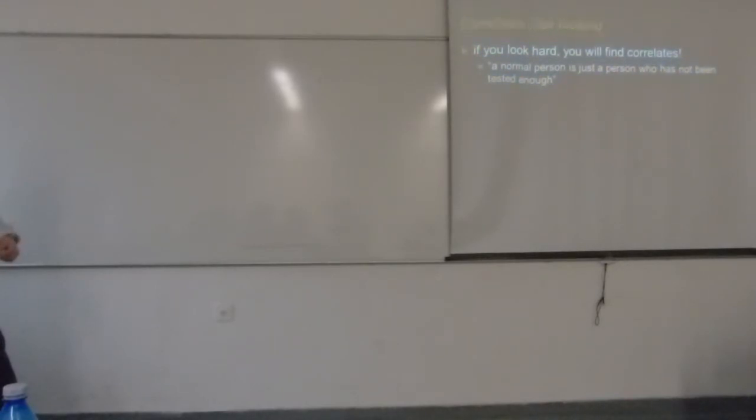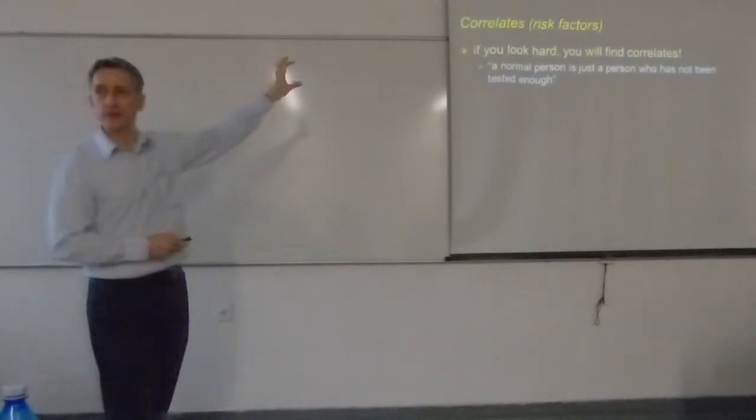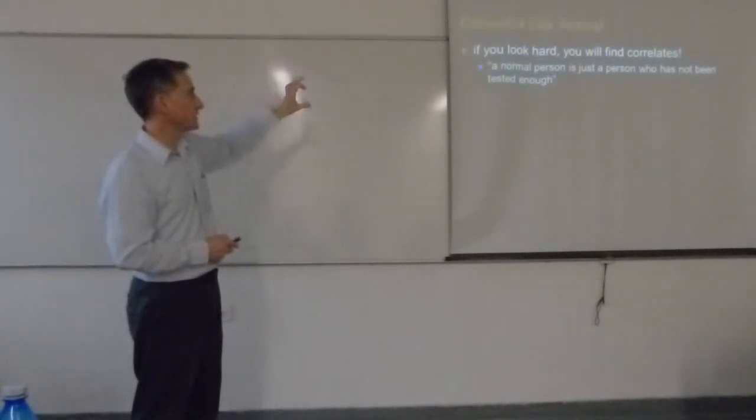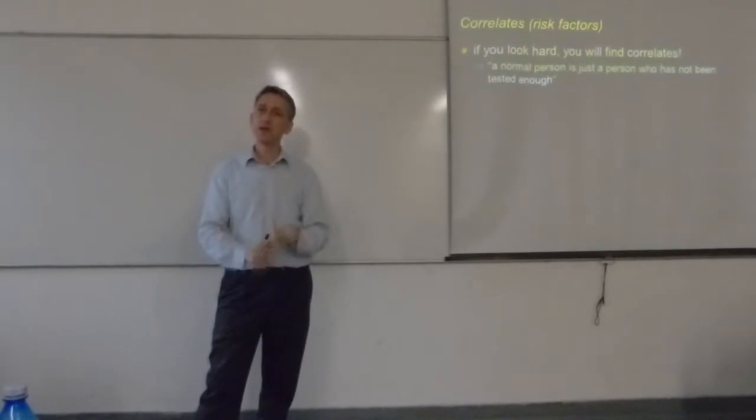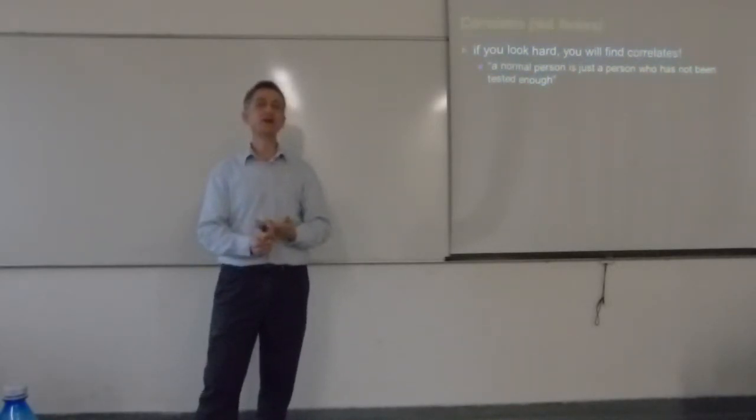People have jokingly said, and this is a joke, but there's some truth in it, like all good jokes, that a normal person is just a person who hasn't been tested enough. If you put them through enough tests, they're going to fail one.